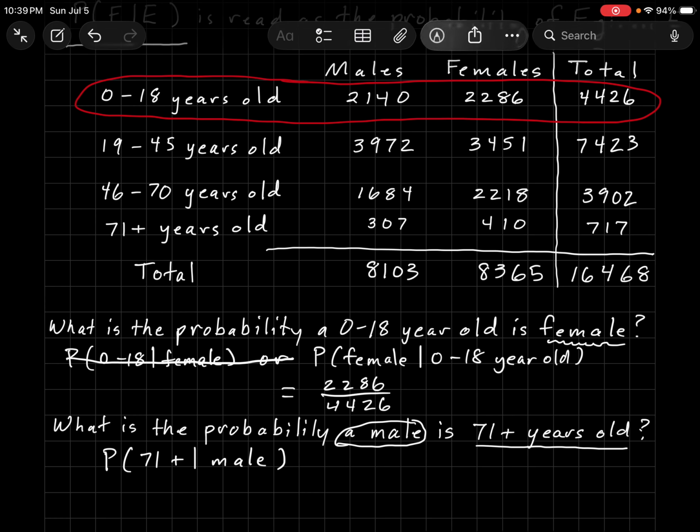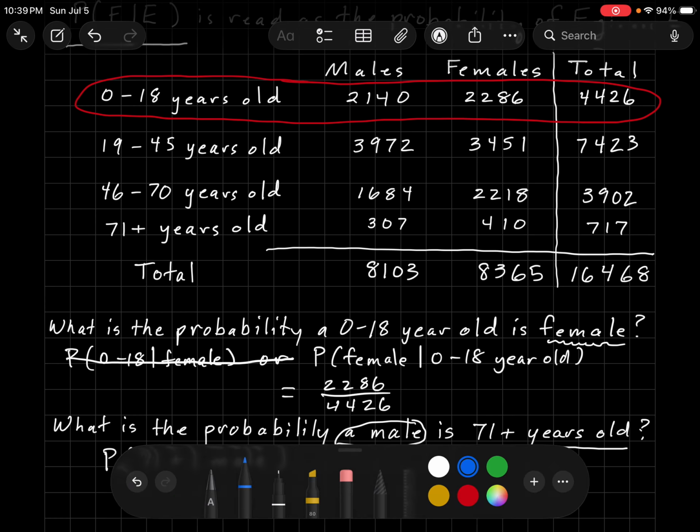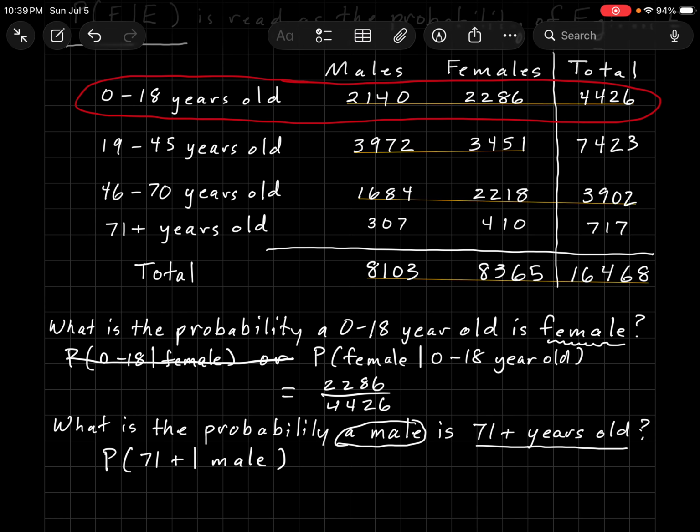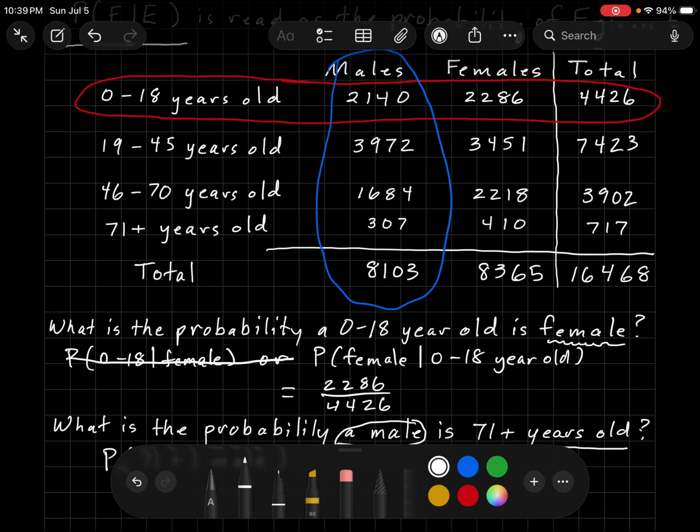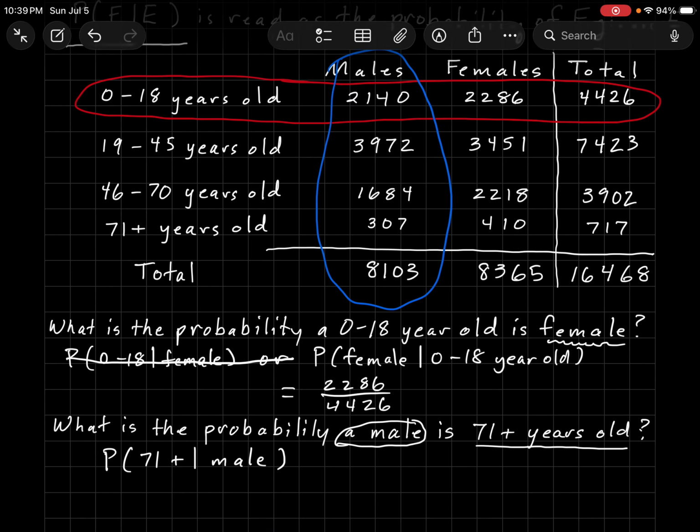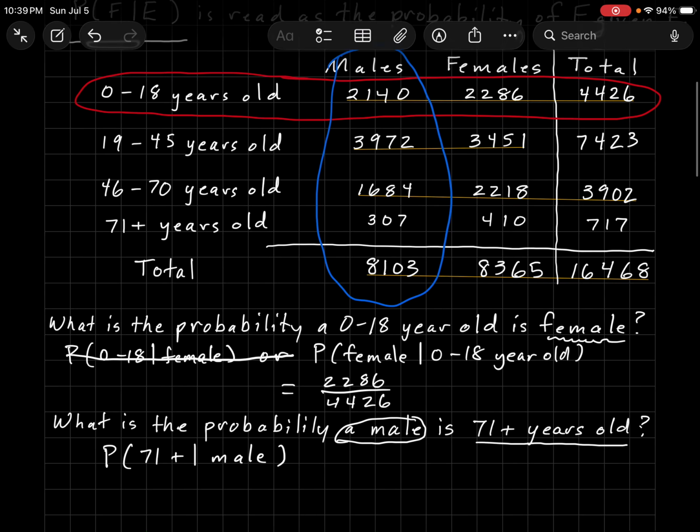So once again, we're going to limit our domain, if you would, or we'll take a subset. My subset now is going to be males. And then I want to find the probability out of this new total. My new total is 8103.